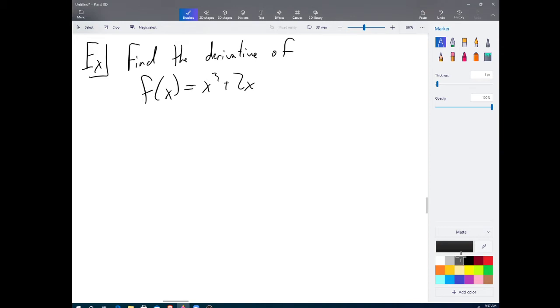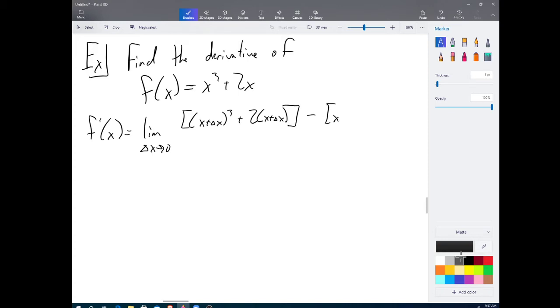And so for the derivative, my derivative is, remember that equation I just gave you, it's going to be my f of x plus delta x minus my f of x all over delta x.